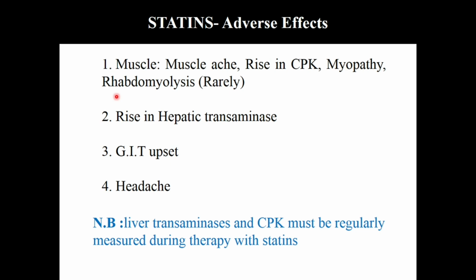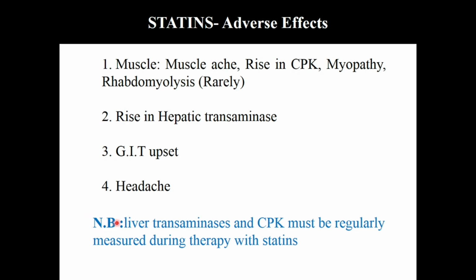The muscle side effects are the commonest, but among them rhabdomyolysis is the deadliest side effect, though luckily it occurs very rarely. Then rise in hepatic transaminase, GIT upset, and headache.